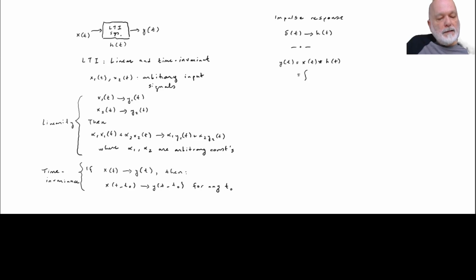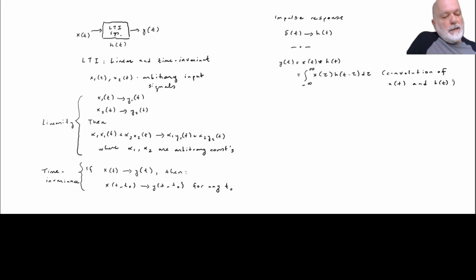So this is the convolution operation, x of tau h of t minus tau integrated with respect to tau. This is the convolution of x of t and h of t. So the output can be obtained by means of the convolution of the input with the impulse response in an LTI system.